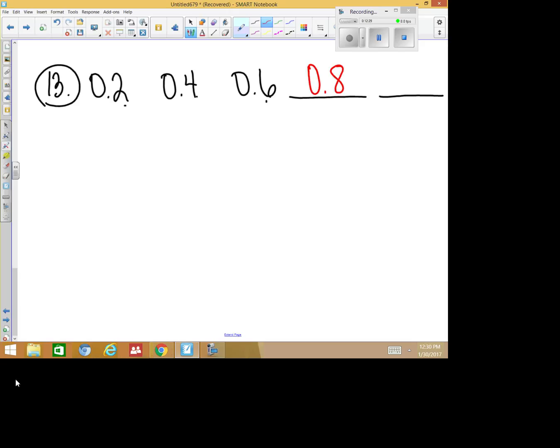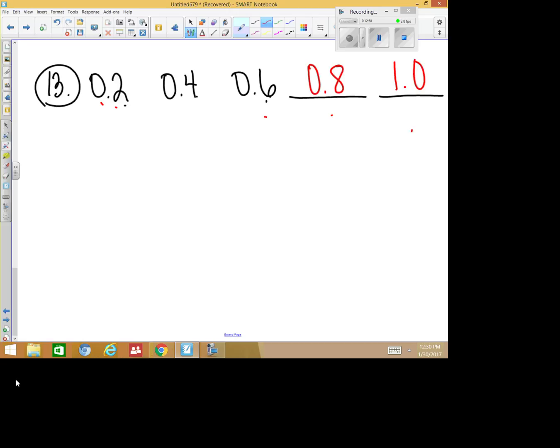Is it 0.10? Say it. Can't say it, Aiden. 1.0. Because, are you watching? What is this as a number? Say it in words for me. 2 tenths, 4 tenths, 6 tenths, 8 tenths, 10 tenths. If you look at these as fractions, 2 tenths, 4 tenths, 6 tenths, 8 tenths, 10 tenths.